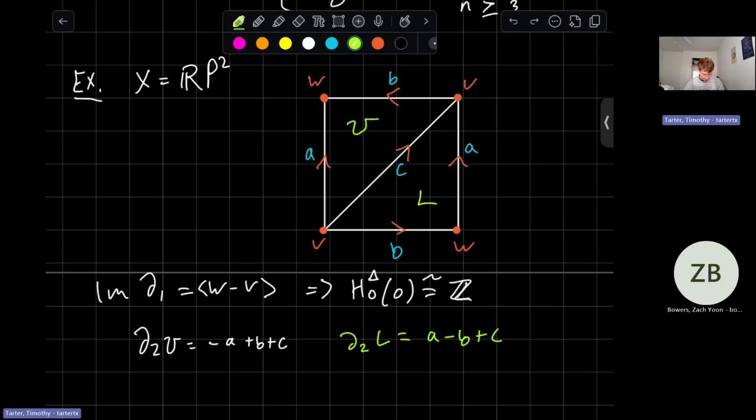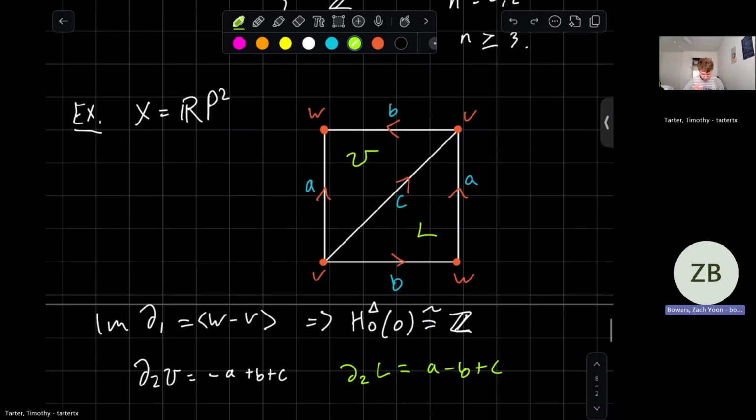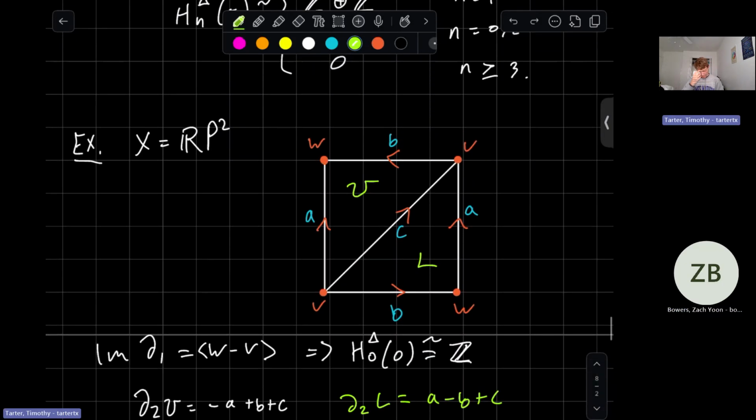Hold on. You have the projective space diagram written incorrectly, I think. No, it's right? Because it should be minus B plus C plus... oh wait, nope. Never mind. You're right. Wait, hold on.